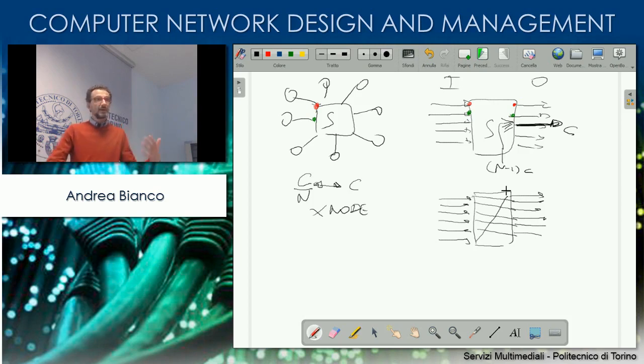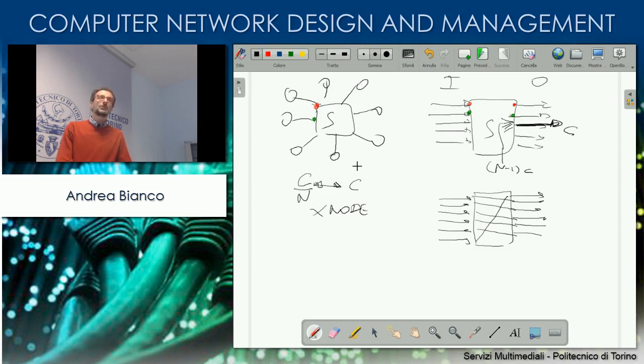Every node is getting C. You are perfectly distributing the load on all of the links. All of the links may be fully loaded, and you have no contention, and then you go back to the maximum value of C per node. That's an example of a traffic pattern in which you get the maximum from the network. Every node is sending to a different destination. Okay? Clear?